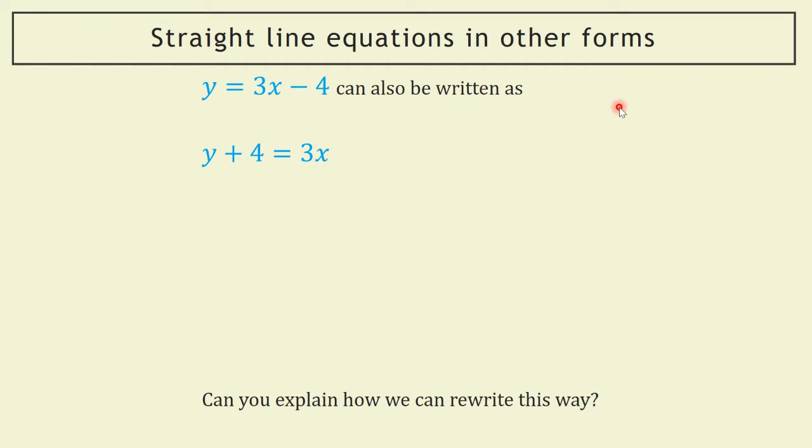All right? Can you see how I've done this one? What have I done to the top equation to get that one? Who can see what's happened? So in this one we saw we'd added 4. What have we done? Not taken away the 4.